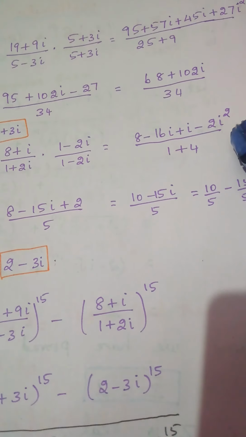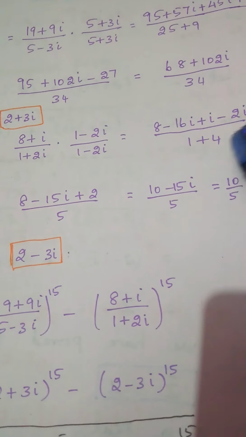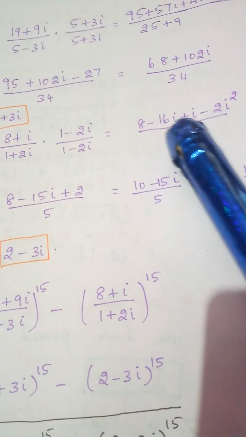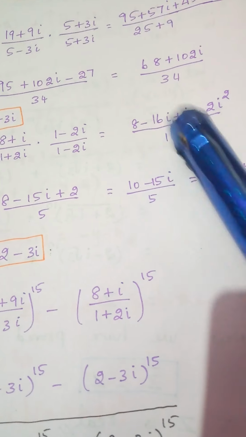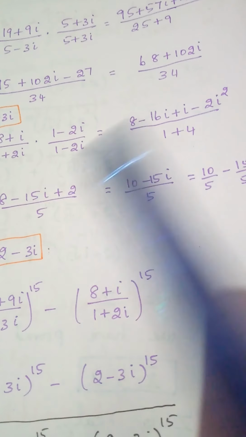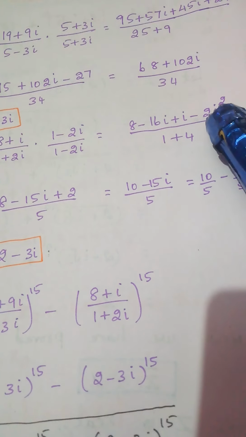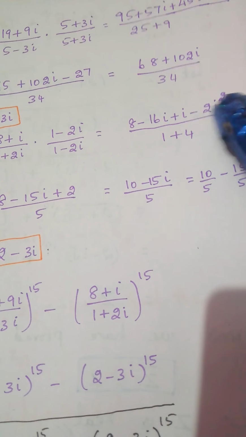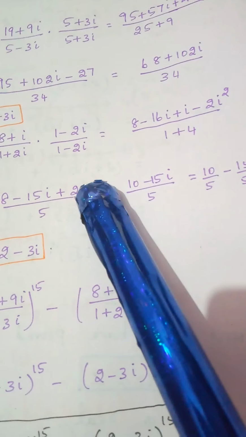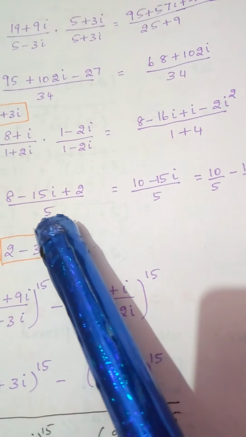So 8 is written, the i terms combine to minus 15i, and minus 2i square becomes plus 2. 1 plus 4 is 5.